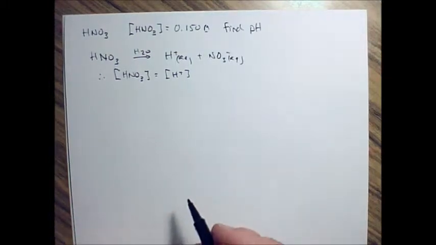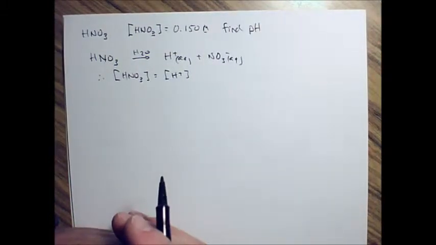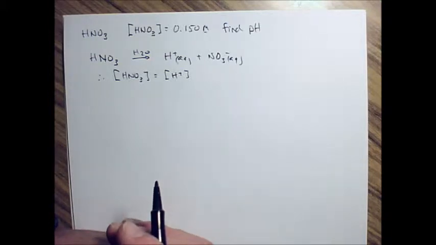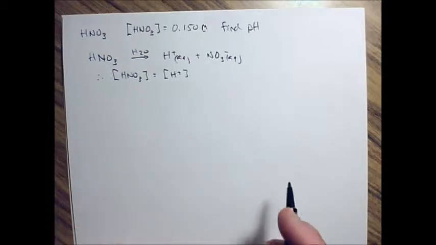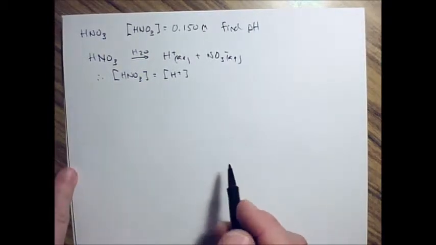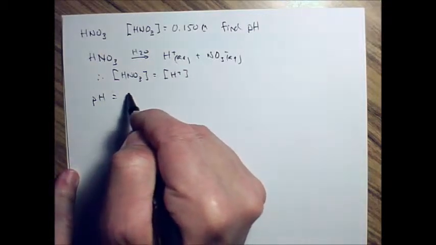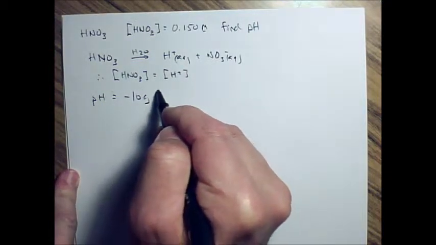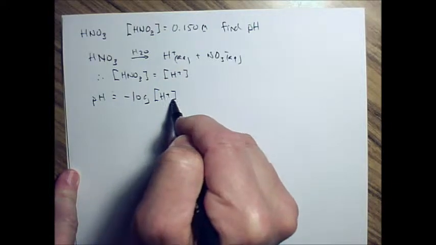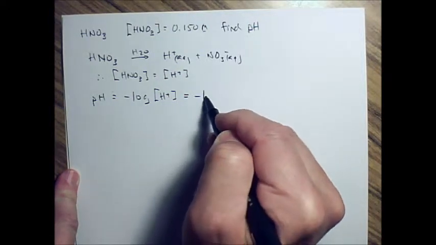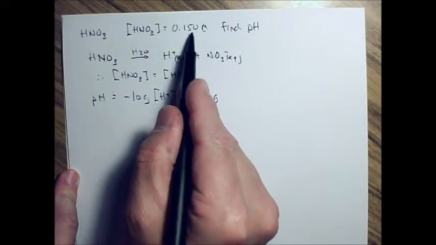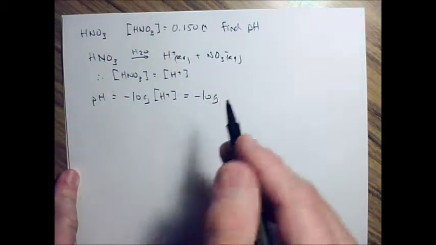It's the same thing because every one of them dissociates. Since pH is equal to the negative logarithm of the hydrogen ion concentration, that's the negative logarithm, in this case, of this number.